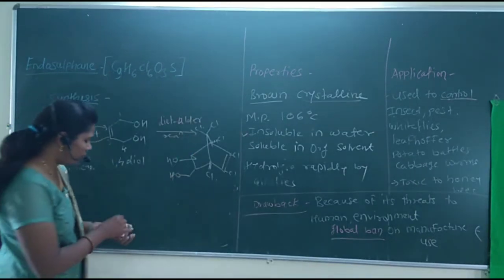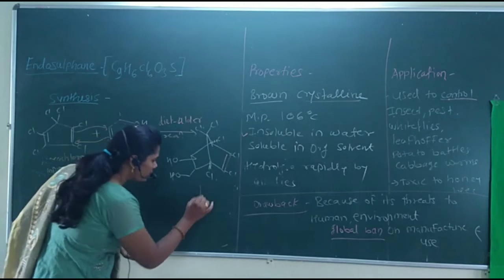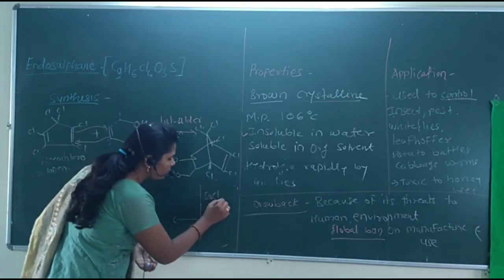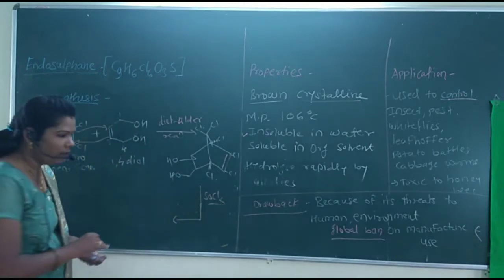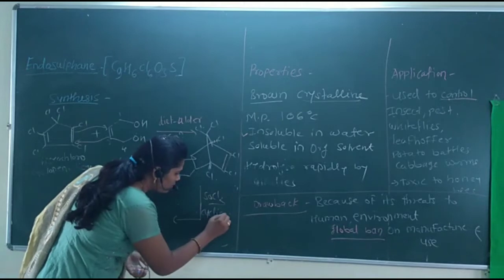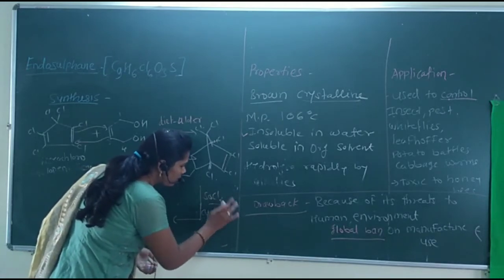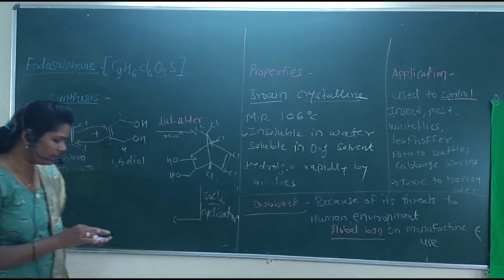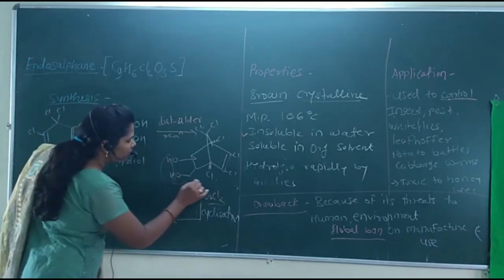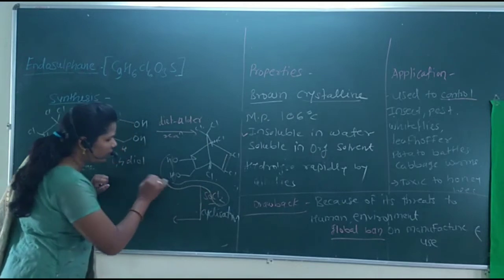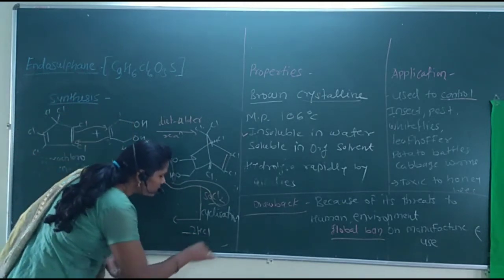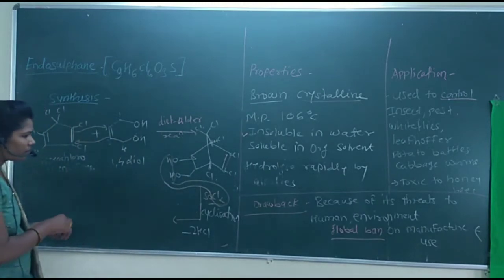After that, it is reacted with SOCl2, that is called thionyl chloride, and cyclization takes place. Here what happened? The 2 hydrogens of the OH groups combine with 2 chlorines, there is a removal of 2 HCl, and the ring is formed.